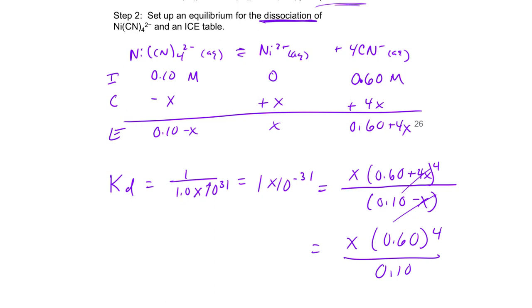And if I've done my math correctly, X is going to be equal to 7.7 times 10 to the minus 32 moles per liter. And X is equal to the concentration of nickel left in solution. Questions on that? Bring them on Friday. We'll talk a little bit more.